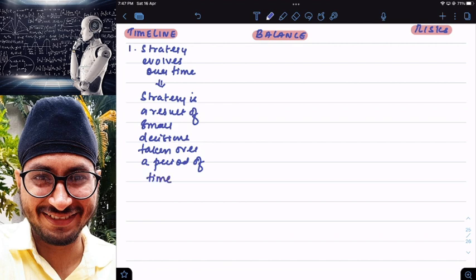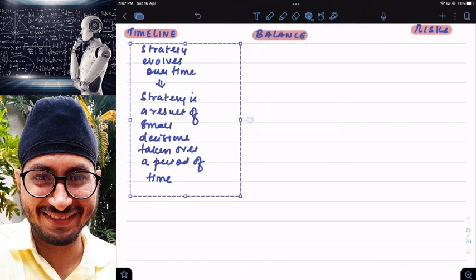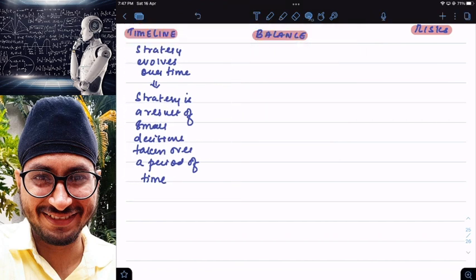Strategy will not remain the same, right? Strategy has to be changed over time. The decision I take today, my decision tomorrow, my day-to-day decisions, small decisions every day, make up a big strategy. If my small decision goes wrong, my complete strategy may be a failure. That is why timeline is a problem.